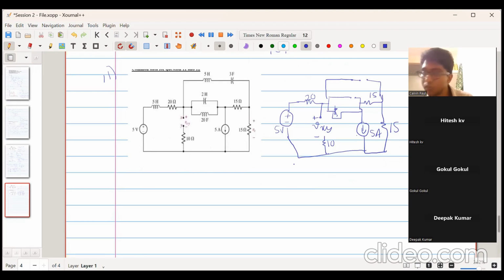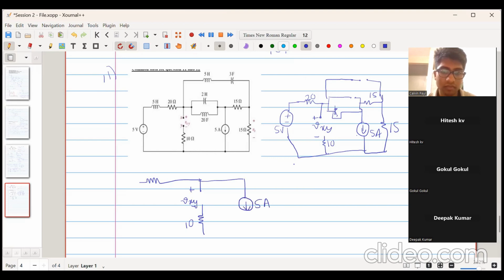It's actually very bad, so I'll further draw it again in a better form. Okay, so any doubts in this?